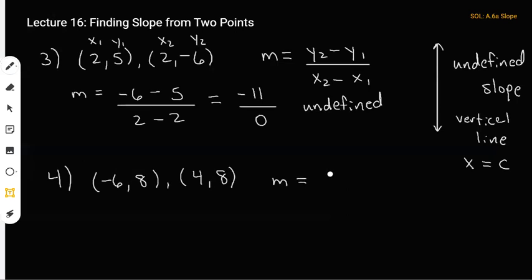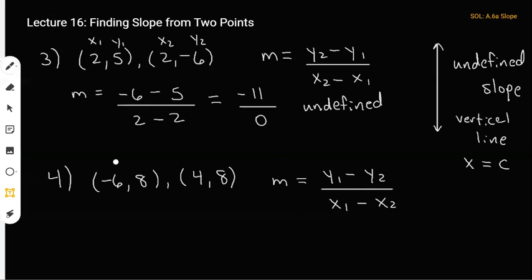Instead of having y2 minus y1 on top, I'm going to have y1 minus y2. And then on the bottom of the fraction, I'm going to have the same order, x1 minus x2. Just to show you that if you change the order on both the numerator and the denominator, the answer is not going to change.